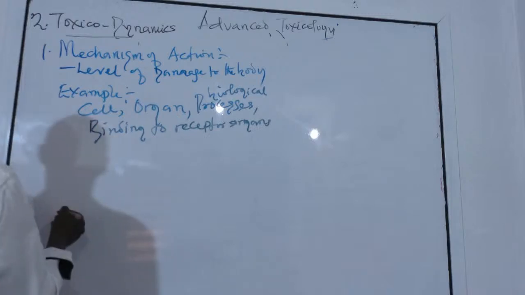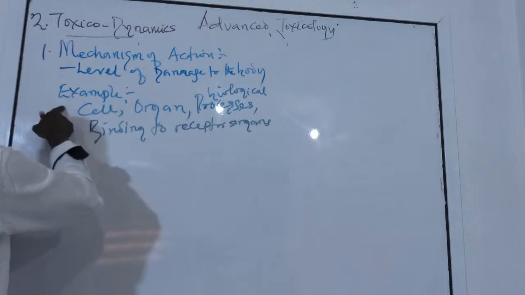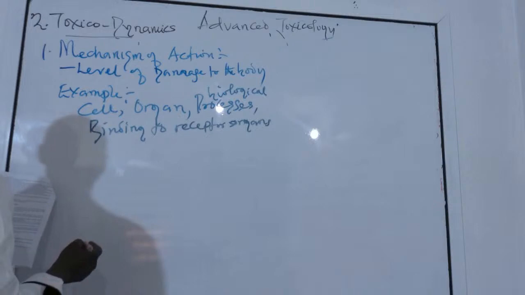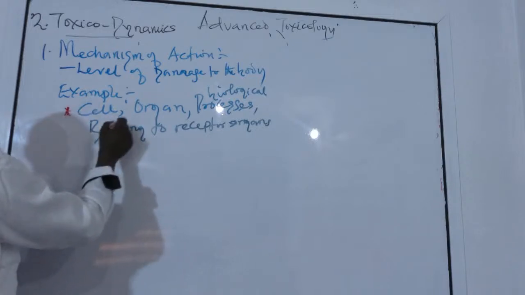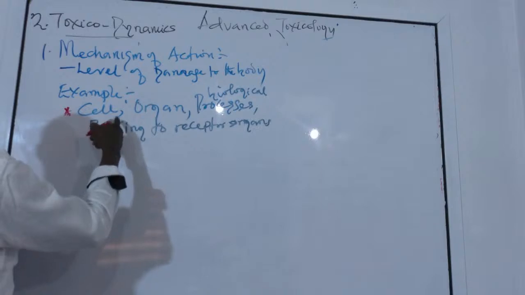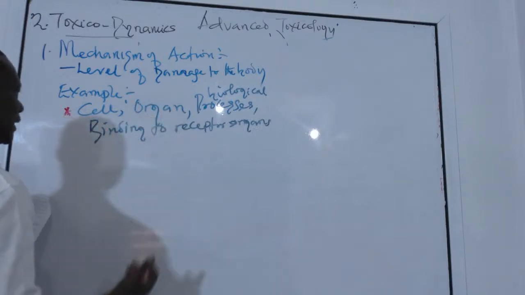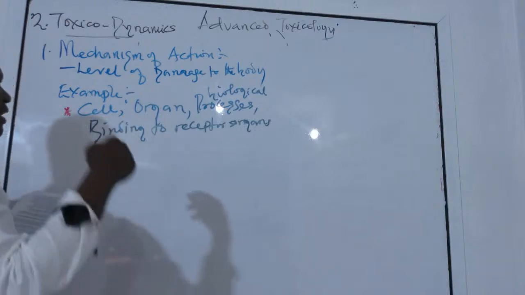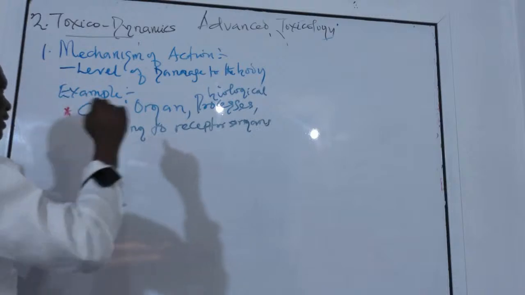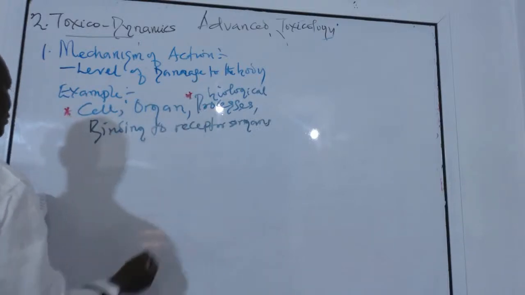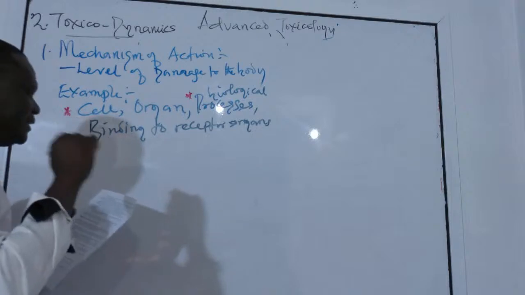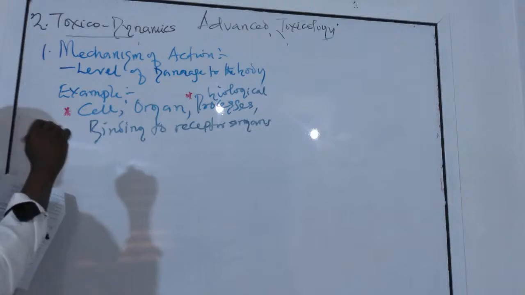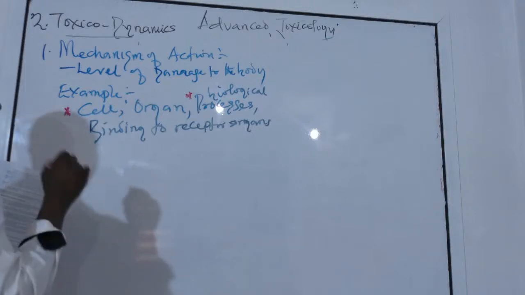Just like I said, some poisons will go and poison the cell. Some will interfere with organs. Some are going to interfere with biological processes like protein synthesis, photosynthesis, and anything that has to do with signal transduction. Then some will bind on receptors and compete with the enzymes of the body. This is very important.